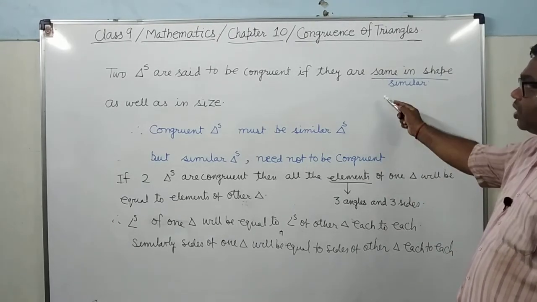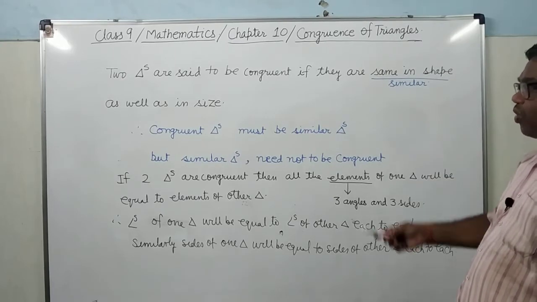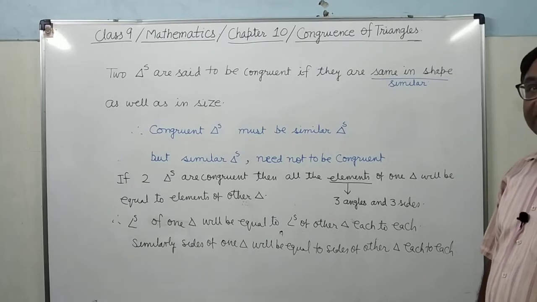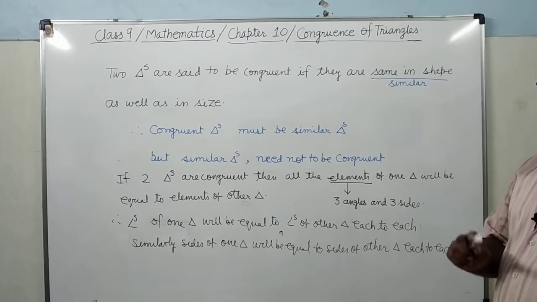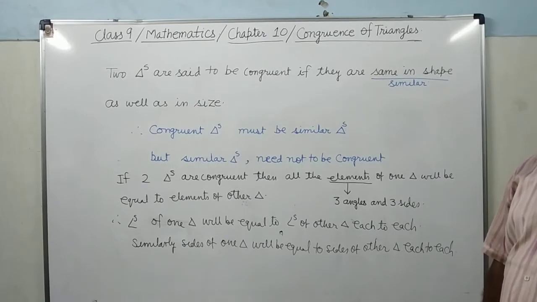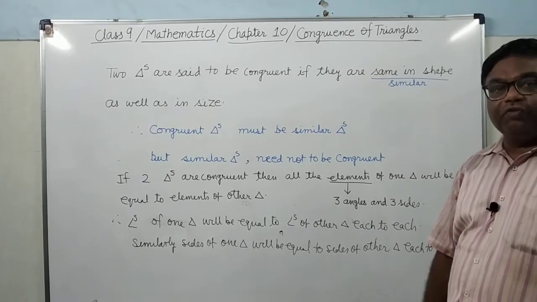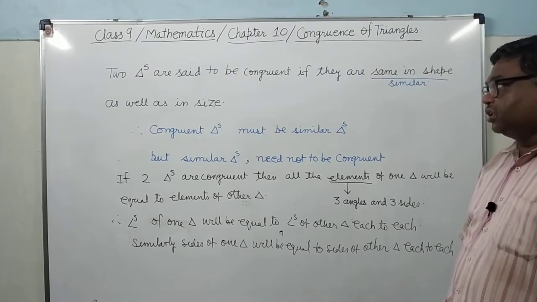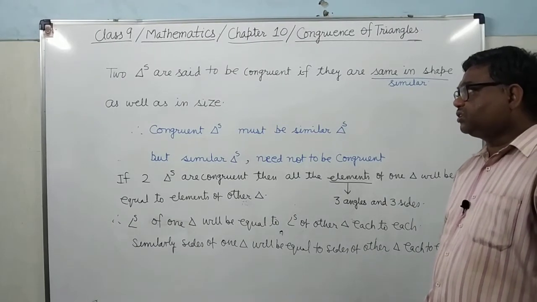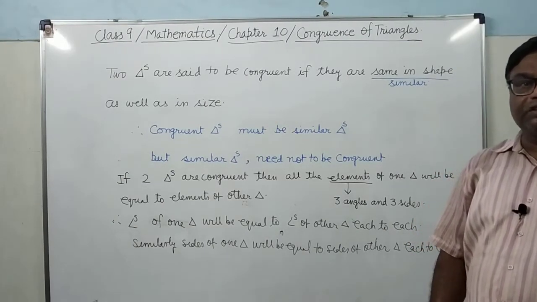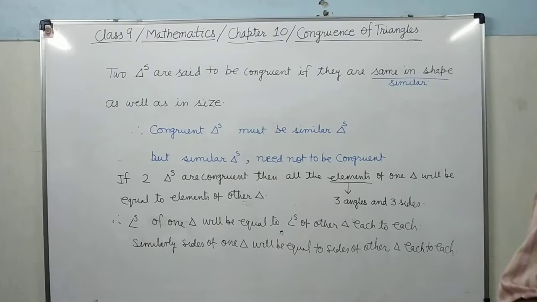Now, if two triangles are congruent, it means the angles of one triangle will be equal to the angles of the other triangle each to each, and sides of one triangle will be equal to the sides of the other triangle each to each. Now after this I will explain how you will prove congruency between two triangles. It's clear?